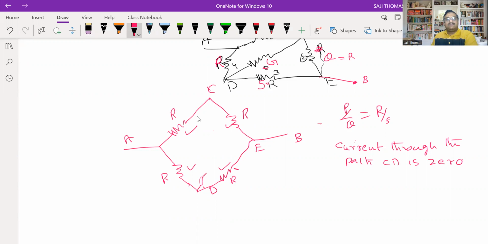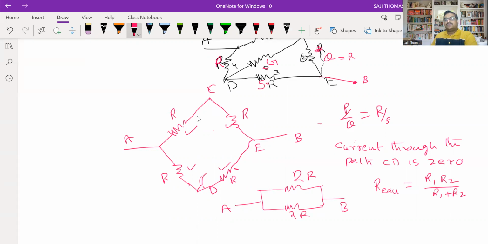So we can simplify the upper portion as R plus R, 2R. The lower portion again R plus R, 2R. This is A, this point is B, and these two are now in parallel. So what is the effective resistance? R equivalent. You know the equation for parallel combination: R1 R2 divided by R1 plus R2.